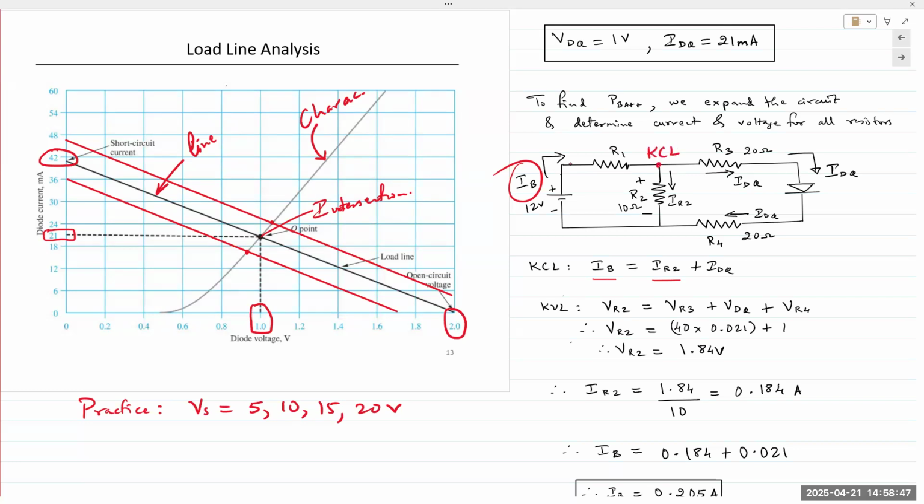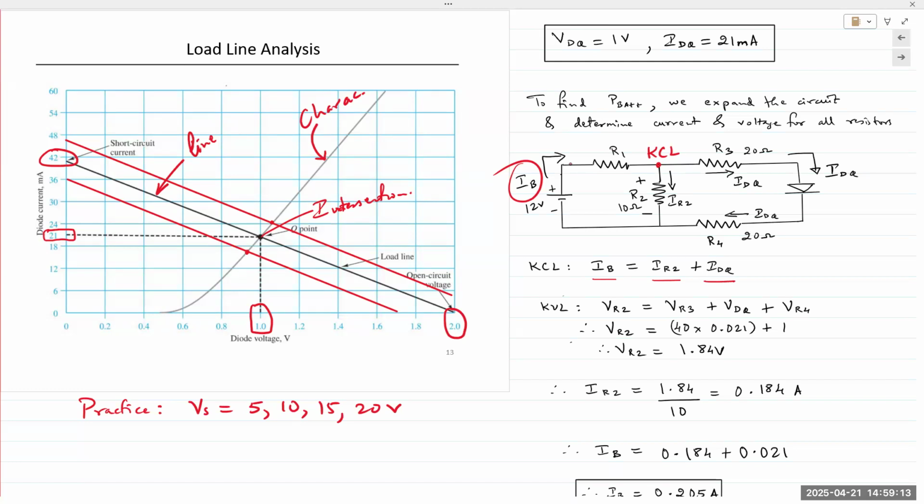So you apply KCL at the top node: source current goes down R1 and splits into 2, IR2 and the current into R3. The current on the far right is all the same. That's the diode current, because all 3 of them are in series. So it simply becomes IB equals IR2 plus IDQ. That's the KCL equation.